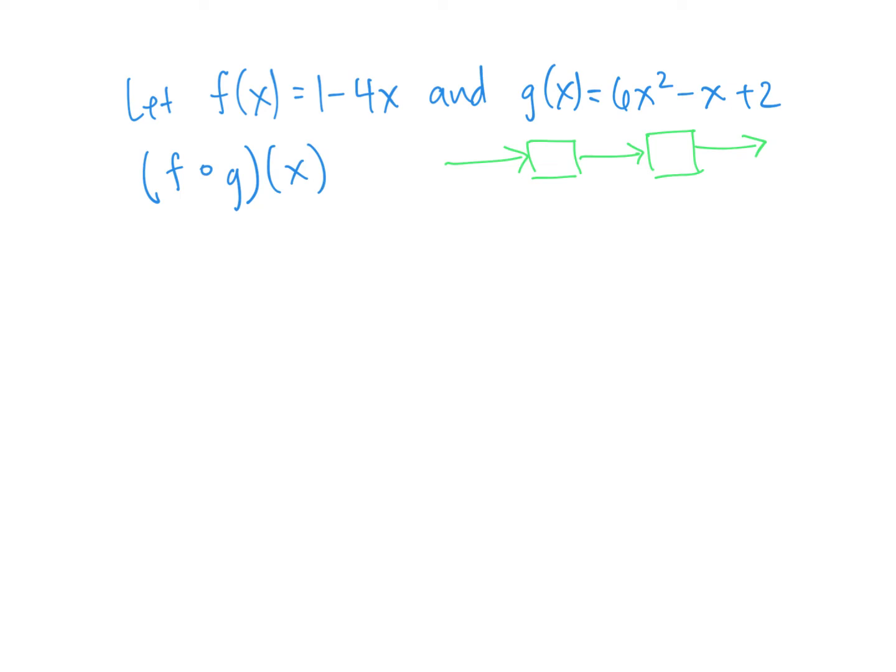So, what is my input? Oops, I forgot. According to the way we've written this, we're doing f following g, so we're going to plug something into g first. And then f. So what is my input this time? My input is just arbitrary x.